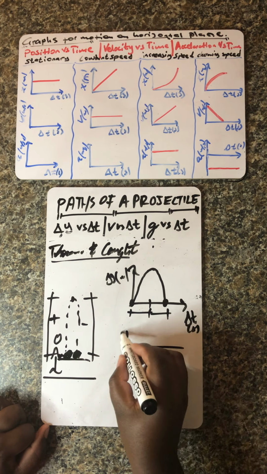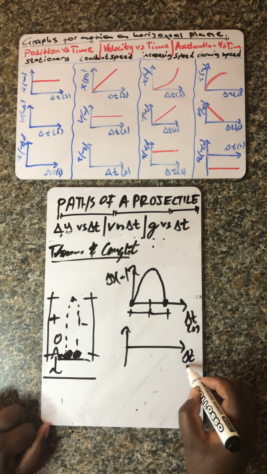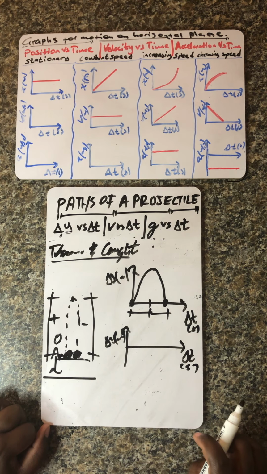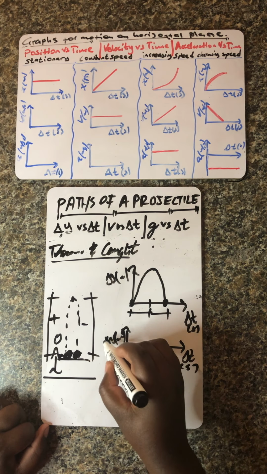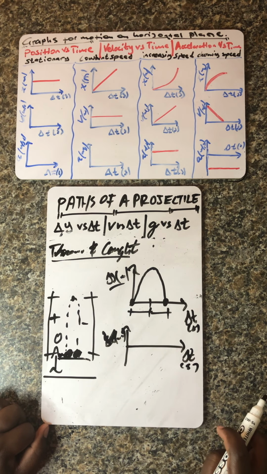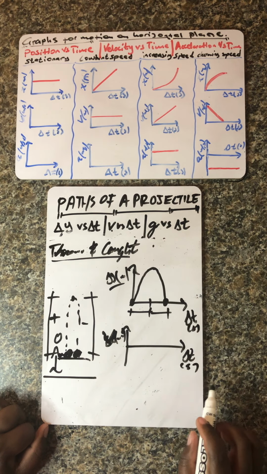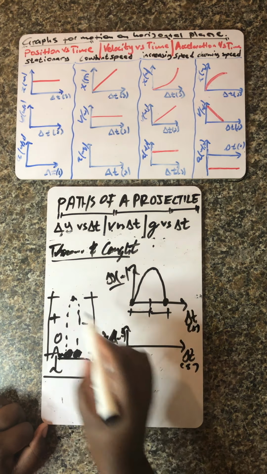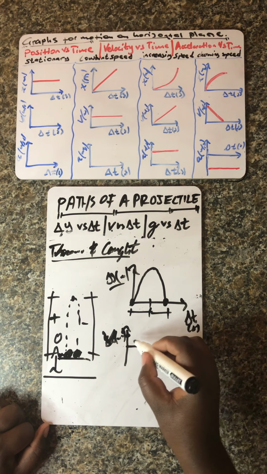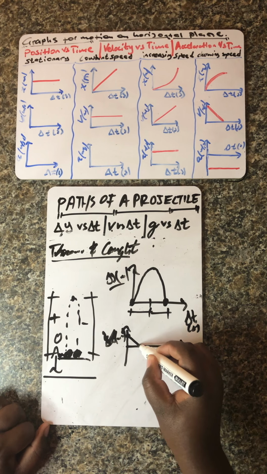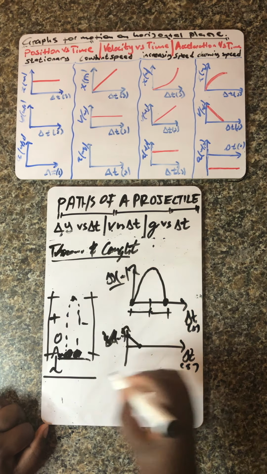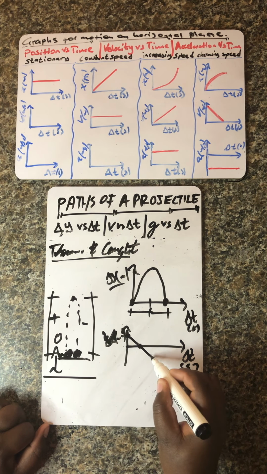Let's now focus on the second graph, delta t in seconds, delta v in meters per second. Okay, so remember guys, this is velocity, not delta y, because we've covered it there. So now in terms of the velocity versus time, obviously as it goes up, it initially starts at a certain speed, okay, and then as it goes up, its velocity decreases until it's 0, which is that point there, and then from there it changes direction, and then it takes the same time.